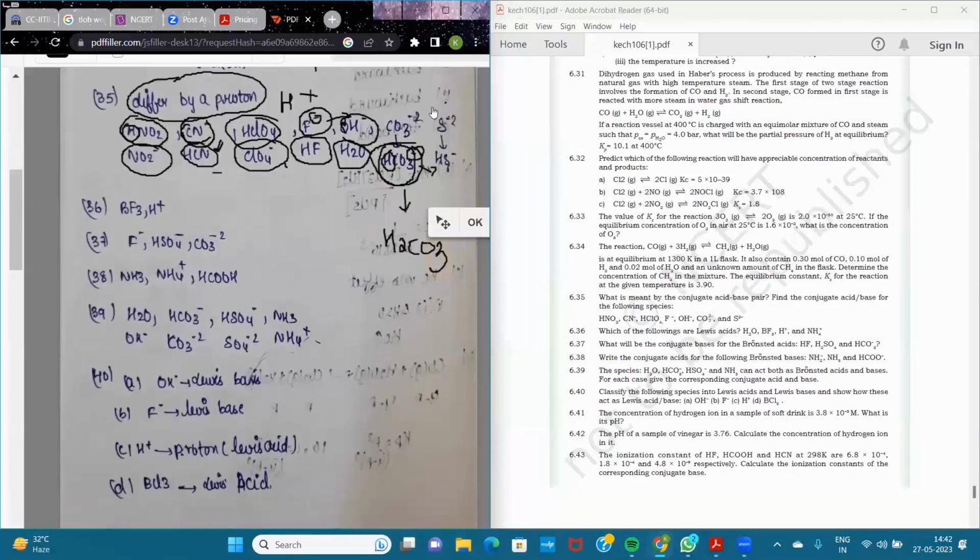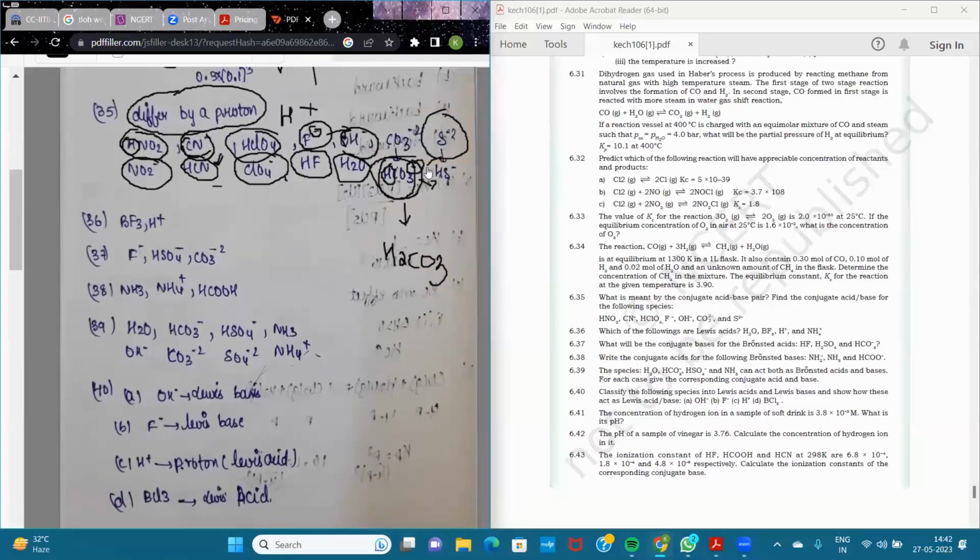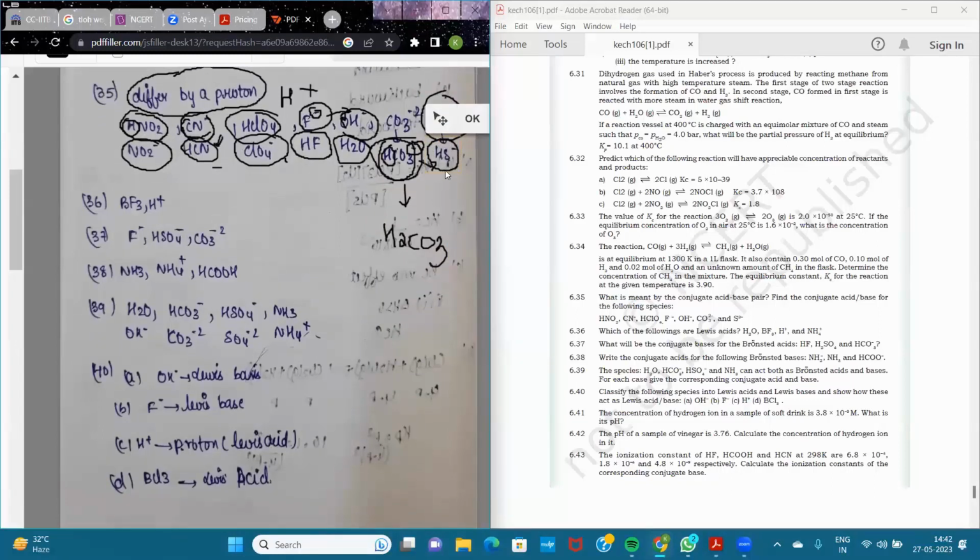The next is S 2 minus. This is a base. If we add H plus, we'll get its conjugate acid HS minus. This is also amphoteric. It can act as a base as well as an acid. If we add another H plus, we'll get H2S. So this would be the conjugate acid of HS minus.